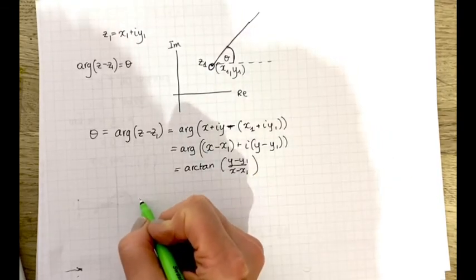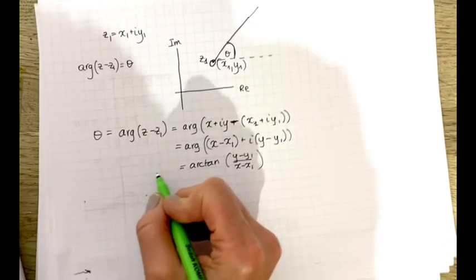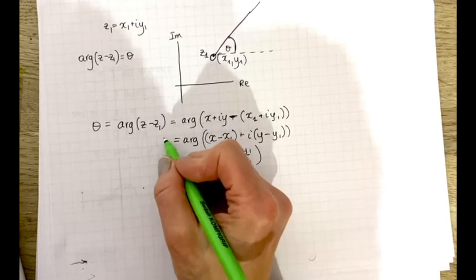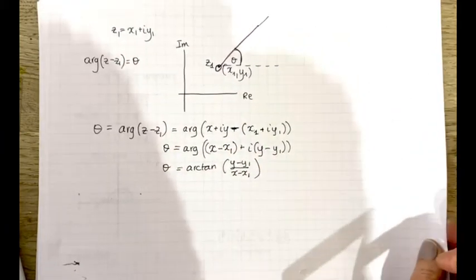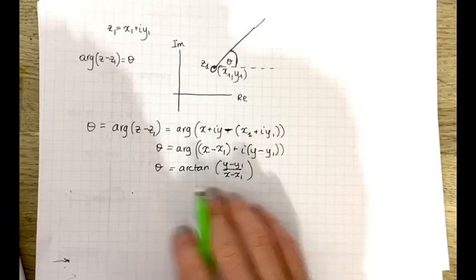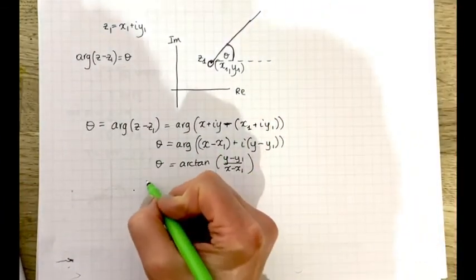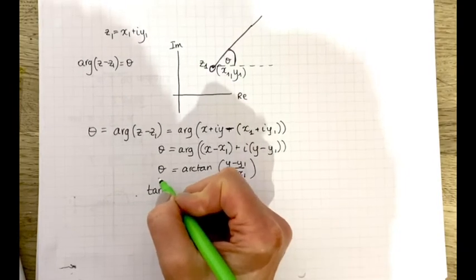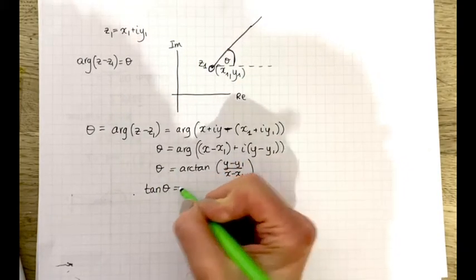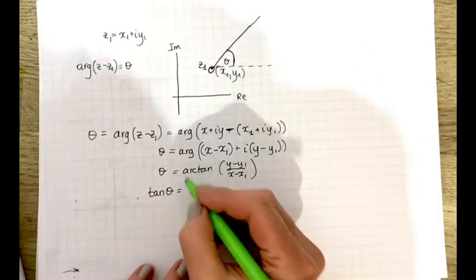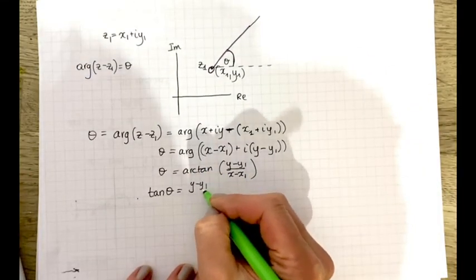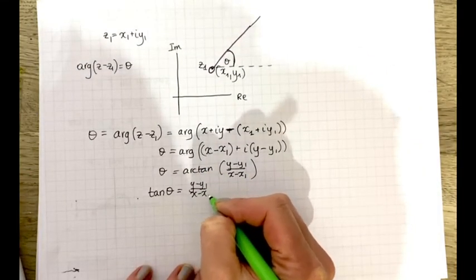So if you rewrite the following, theta equals arctan of y minus y1 over x minus x1, then if you put the tan with theta on this side, that will give you tan theta equals y minus y1 over x minus x1.